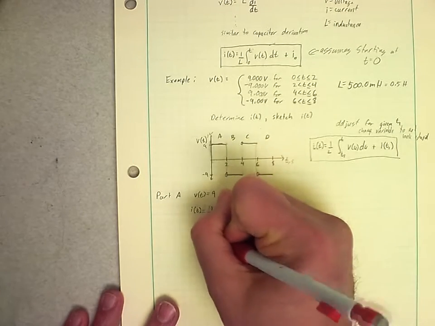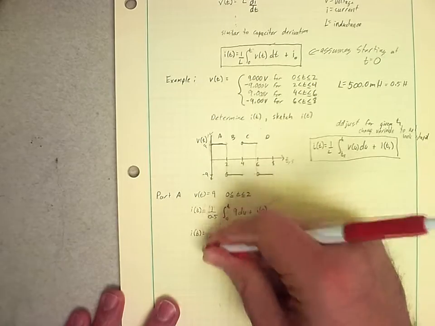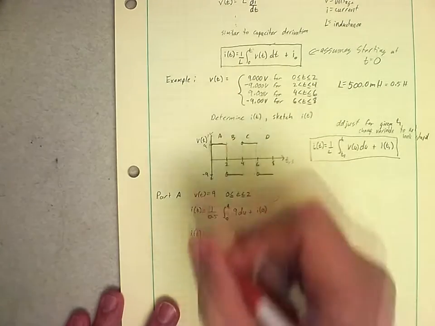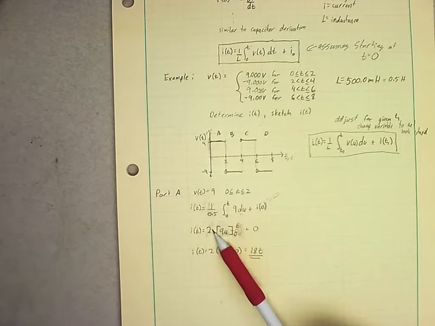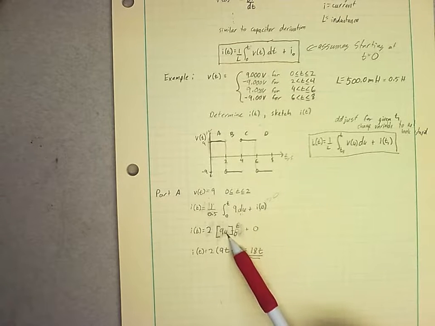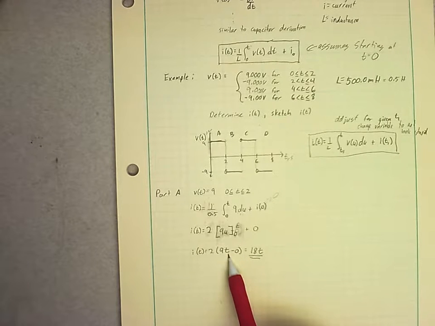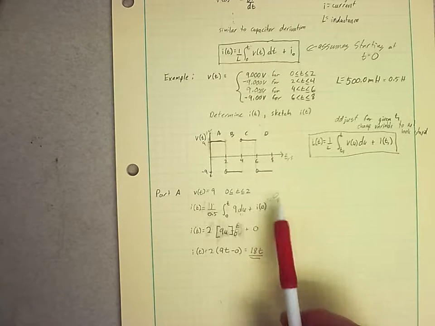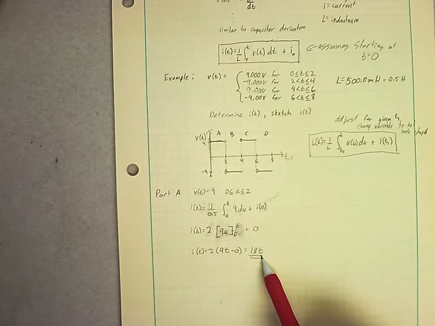Well, we can go ahead and simplify this first expression. That simplifies to 2 out front. The antiderivative of positive 9 is 9u. We're evaluating from 0 to t. So we get 9t minus 0, and we've already determined that the initial current is 0. So we just get 18t for that first expression.